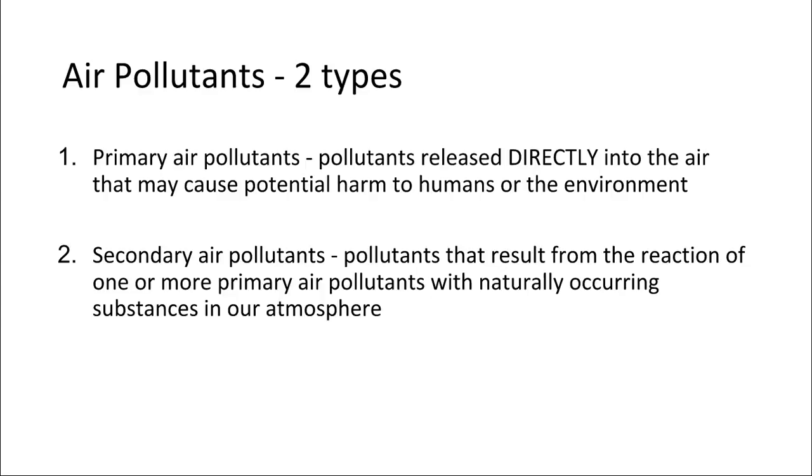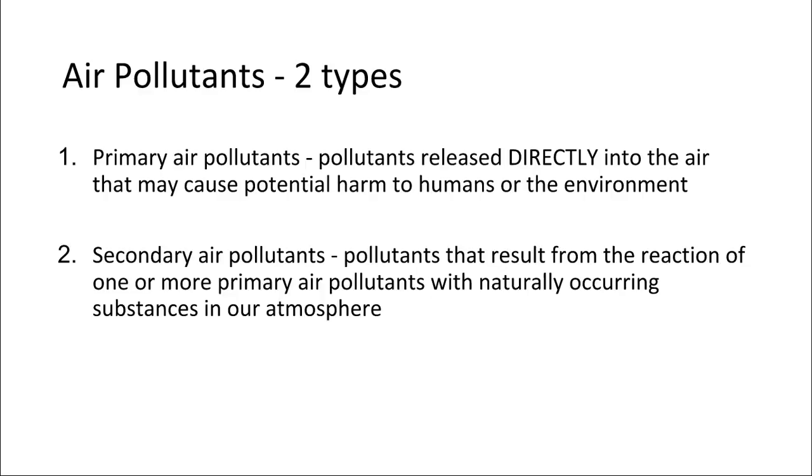Primary pollutants are in contrast to secondary air pollutants, where secondary air pollutants are a result of a primary air pollutant mixed with something that's already naturally occurring in the atmosphere. The example would be acid rain. Sulfur dioxide is released in the atmosphere as a primary pollutant.